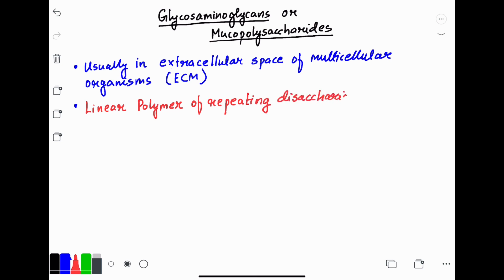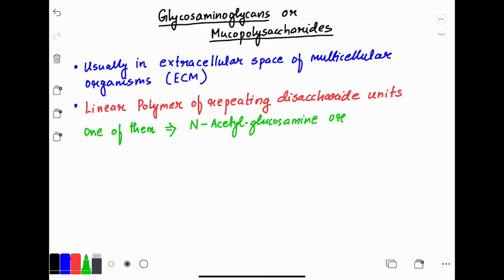The disaccharides are repeated and they form a linear polymer. One of the monosaccharides that forms the disaccharide is usually N-acetyl glucosamine or N-acetyl galactosamine.